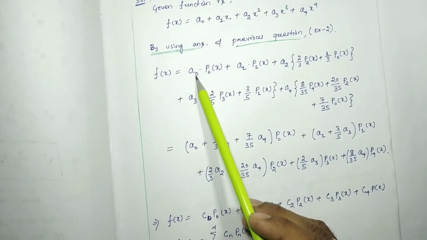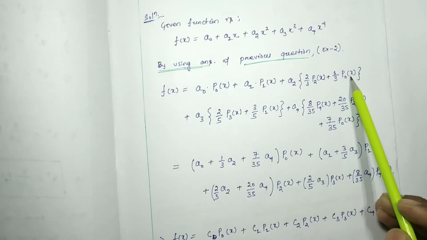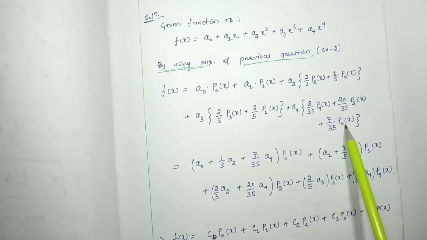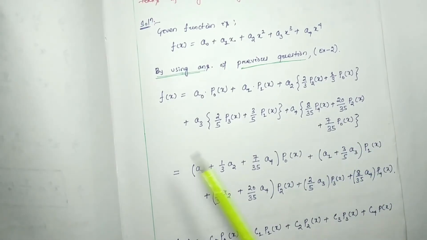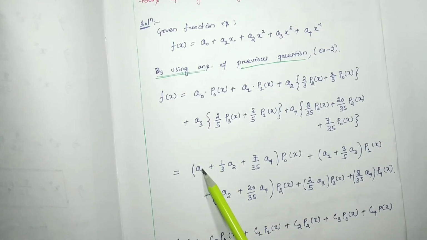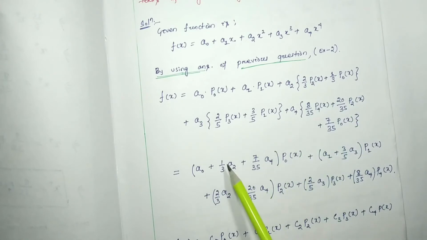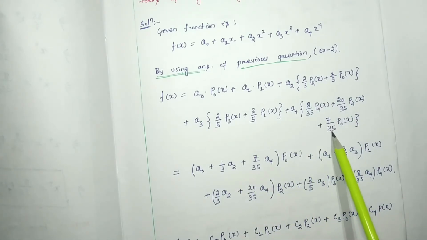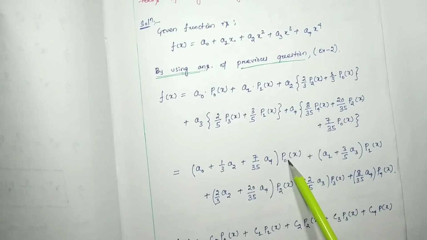See, here a0 p0x, right? Another p0x will be here, multiplied with a2. Another p0x also will be here, multiplied with a4. You just take common all the coefficients. From this you can take a0, here a2 into 1 by 3, that is 1 by 3 into a2, and here 7 by 35 into a4, multiplied with p0x.